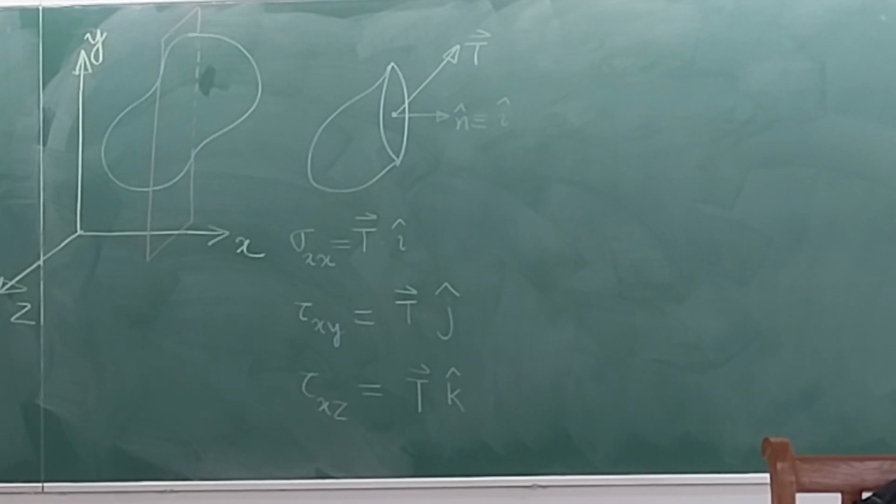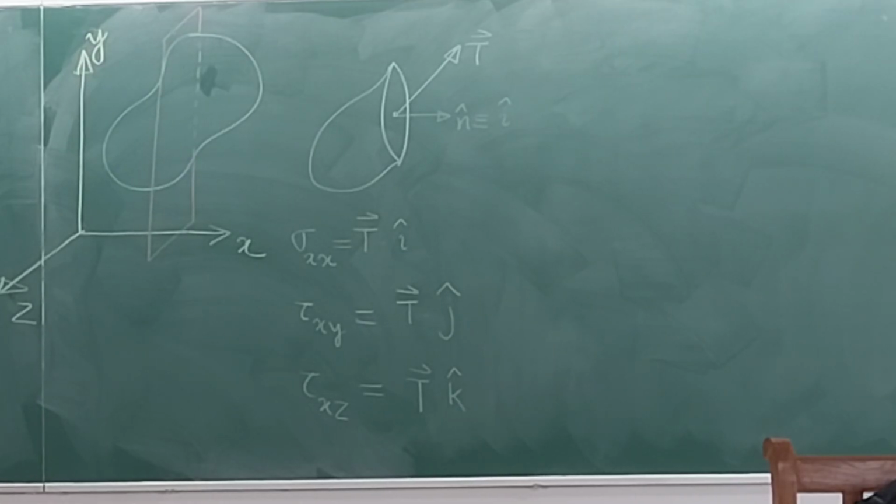No. I'm glad you raised this doubt. So please note that this traction vector is pointed along the direction of the f. It is not pointed along the direction of the unit outward normal. This f can be pointed along any direction, depending on the direction of the internal forces.